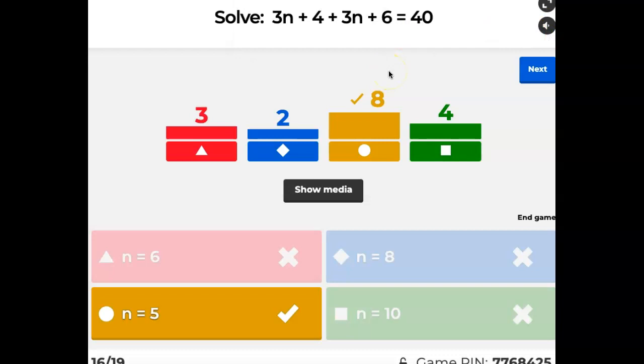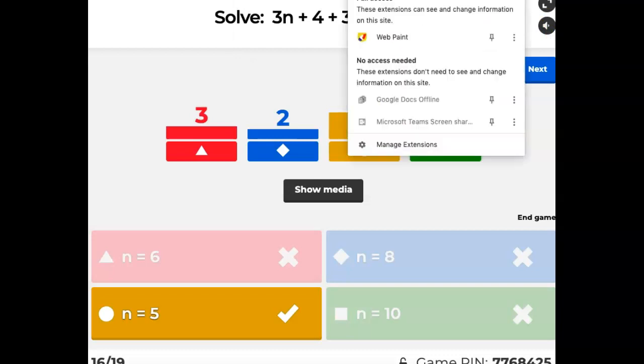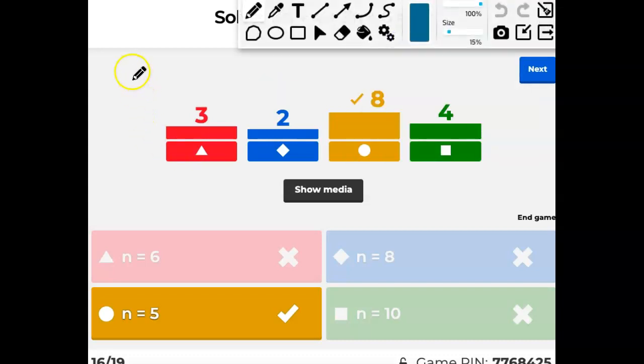The question is 3n plus 4, 3n plus 6. So let's go over this question. 3n plus 4 and then plus 3n plus 6 equals, can somebody tell me what it equals?